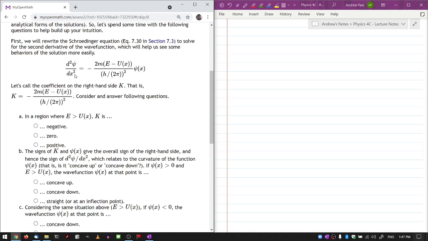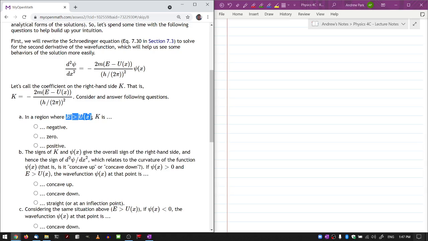It's pointing at this coefficient here, k times the difference between the two energies. In the region where the total energy is greater than the potential energy, this entire coefficient should be negative, because this combination is positive, but there's this minus sign here.